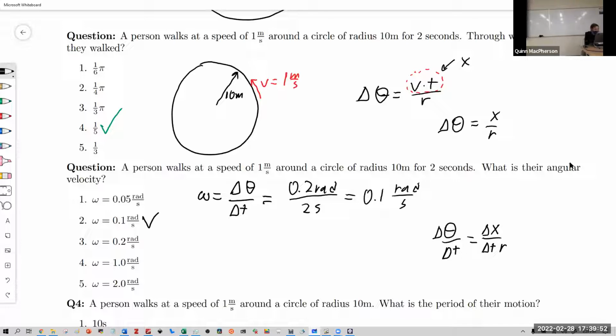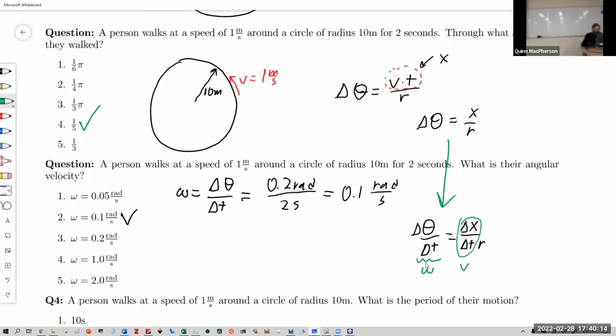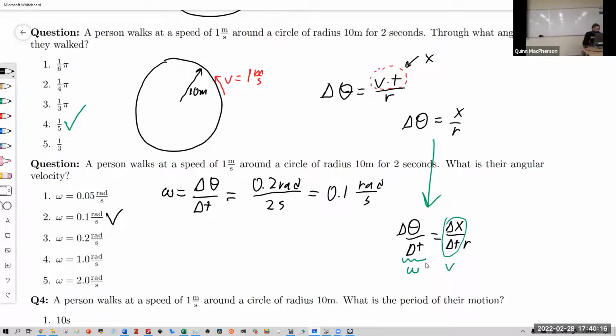So I literally took this equation here and divided both sides by delta t, right? And d theta dt we have a name for. That's omega. But dx dt we have a name for. That's v. So the equation you get is omega is equal to v over r.